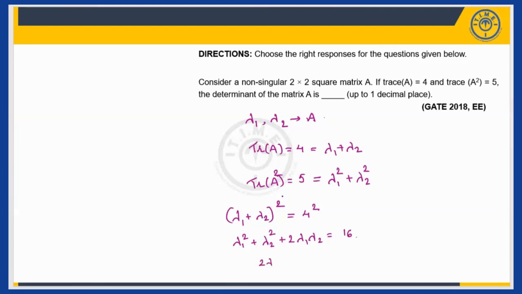So 2 lambda 1 lambda 2 is 16 minus 5. So lambda 1 into lambda 2 is how much? 11 by 2, which is 5.5. You have written only 0.5. Yeah. Okay.